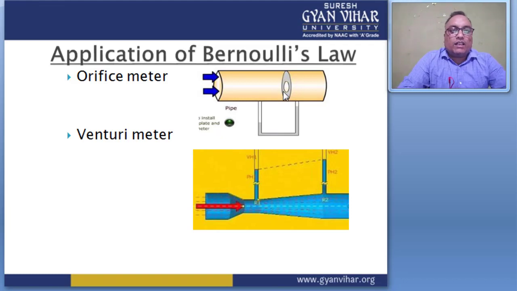Here one orifice is attached in the cross section of the pipe, and this orifice has a small diameter compared to the main diameter of the pipe, and it measures the pressure difference between the inside and the outside sections of the pipe.